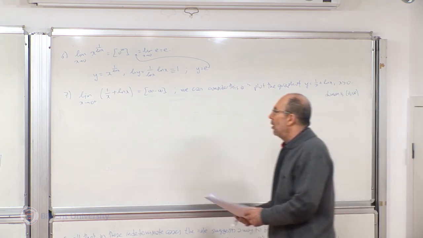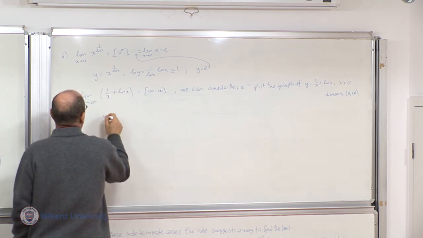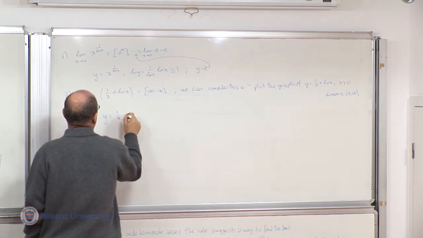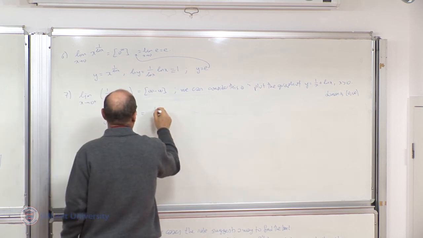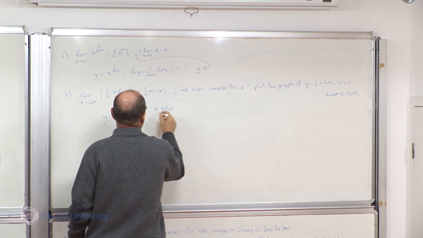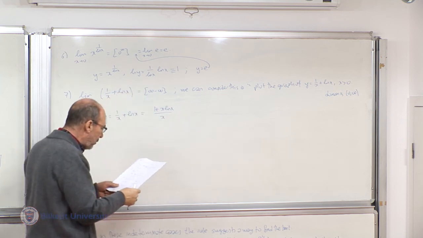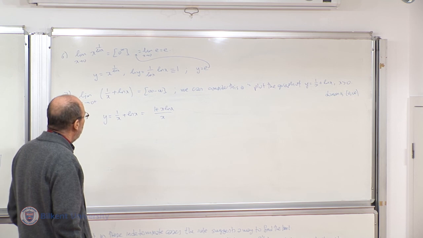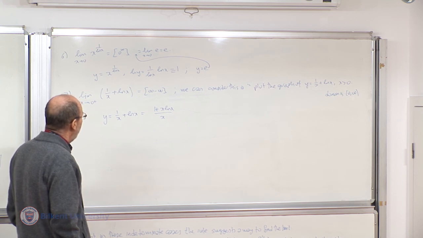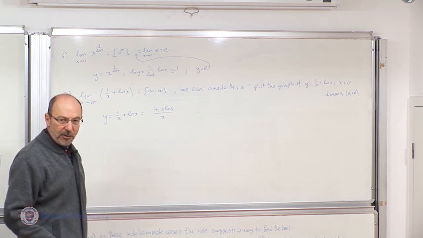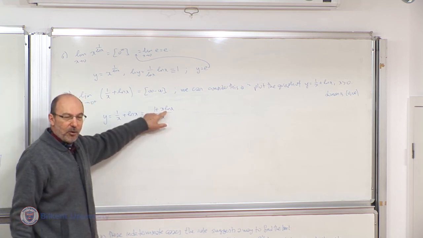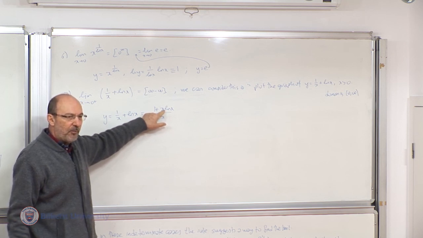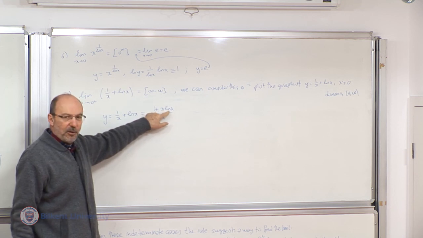Okay, so we calculate this y equals 1 over x plus ln x. I'll simplify this: it is 1 plus x ln x over x. Here when we take the limit, there is no indeterminacy, suddenly. We know x ln x has an indeterminacy, but we resolved this once and for all. You don't have to do it all the time. X polynomials always beat logarithms.